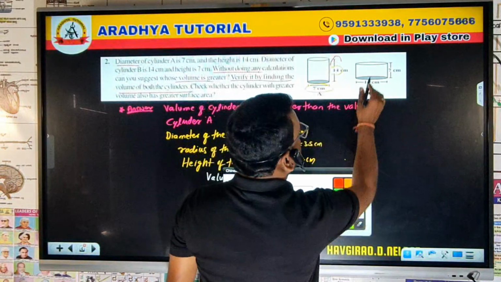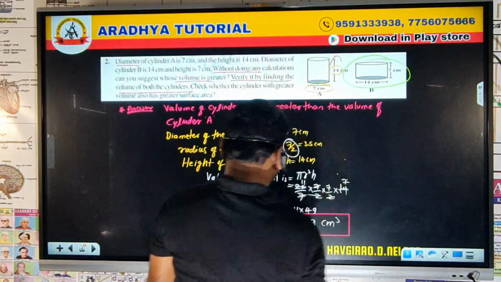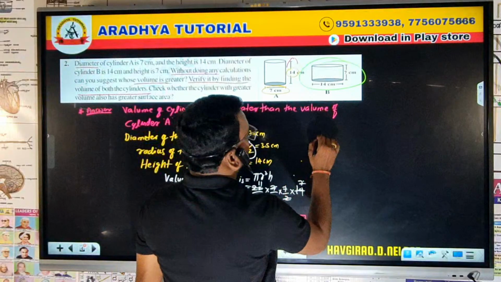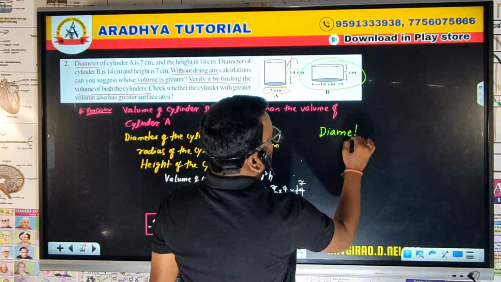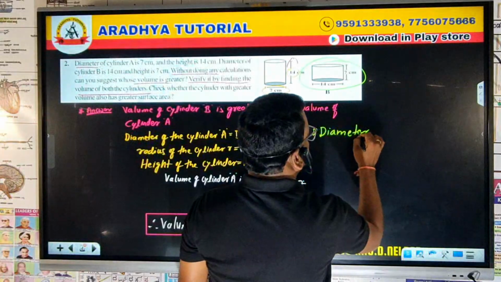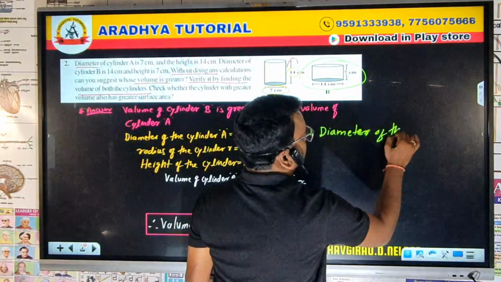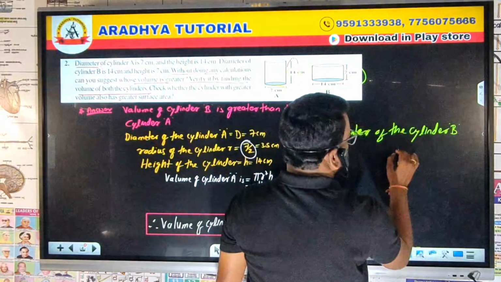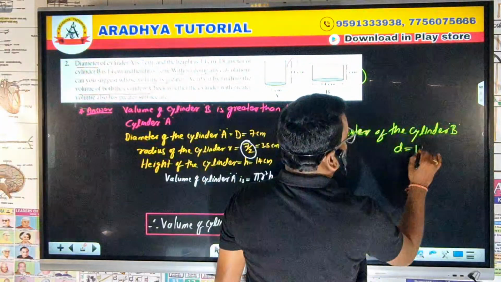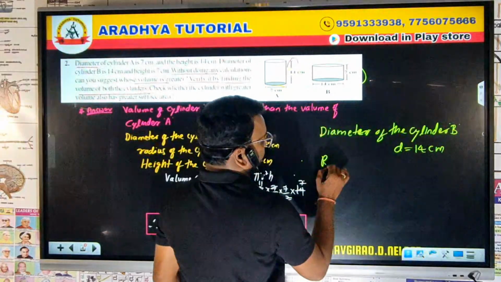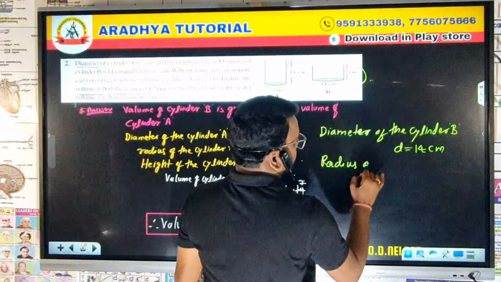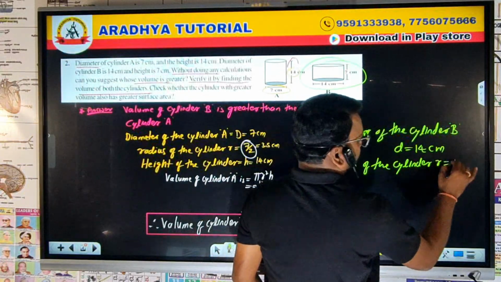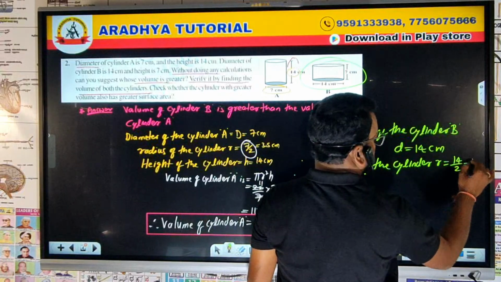This one is the second cylinder. Again here you have to write diameter of the cylinder B, that is D equals to 14 centimeter, and radius of the cylinder R equals to 14 divided by 2, otherwise D divided by 2, that means 14 divided by 2, 7.